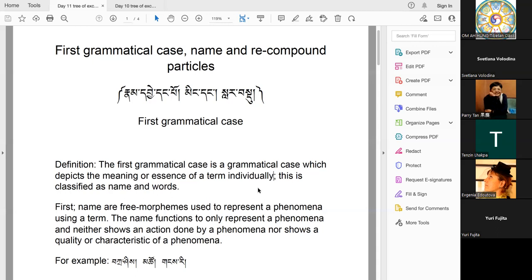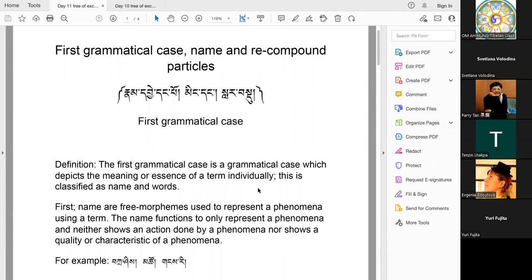And I'm very sorry if this becomes too complicated, but this is something that's necessary. I cannot avoid this concept here because this is the essence of the first grammatical case. So if you don't understand, please make sure that you ask me the question again and again until you understand this concept. Because this is the beauty of the first grammatical case and the name. The concept of name in Tibetan is very different from the concept of name in many other languages.